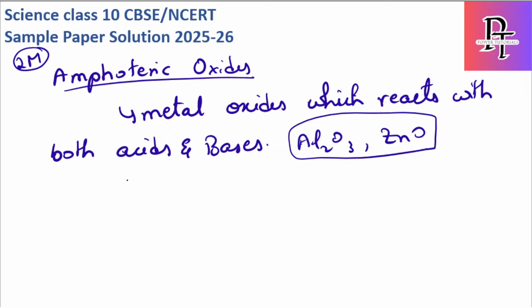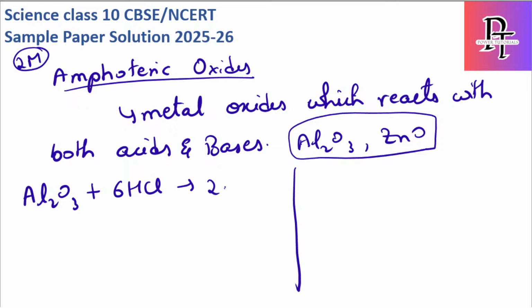What happens if aluminum oxide reacts with acid and base, and the same way for zinc oxide as well. Here, aluminum oxide plus HCl gives rise to aluminum chloride plus what?